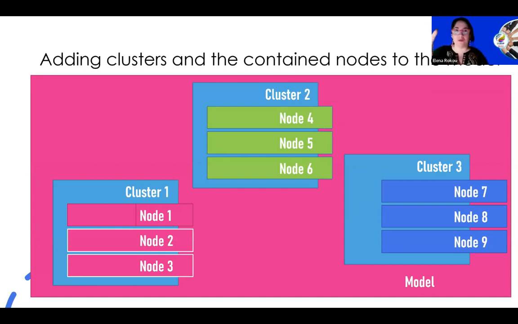So we are taking one by one the objects and putting them inside that big container that was the model. Little by little, everything that we create will end up being saved inside this hot pink box that I have, the model object entity in Python.